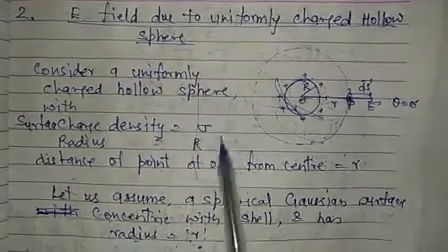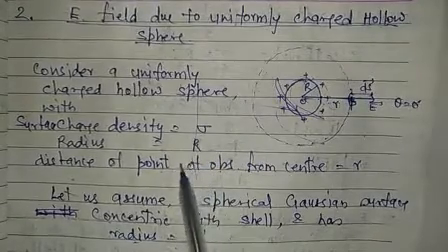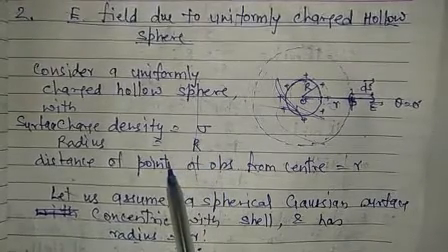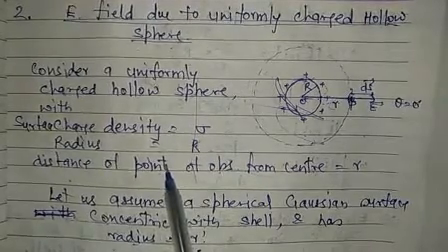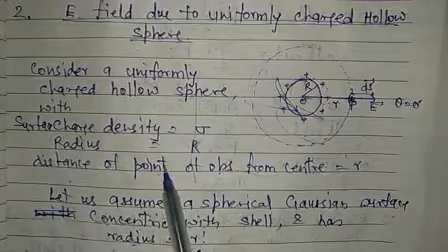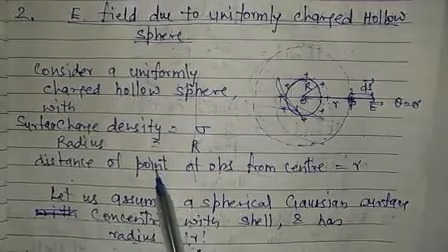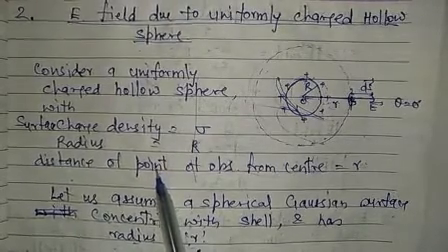So in the previous derivation we have discussed that for every application of Gauss theorem we need to proceed in 3 steps: the consideration, the Gaussian surface, and then the application of Gauss theorem.